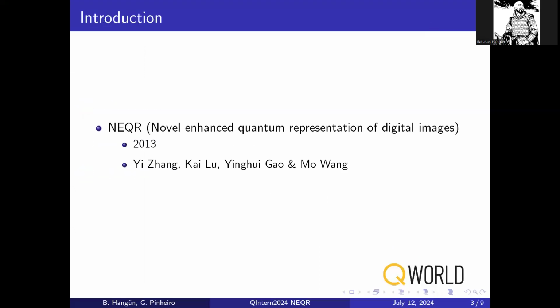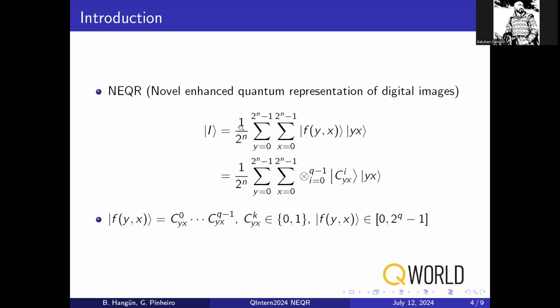So our choice of image representation was the Novel Enhanced Quantum Representation of digital images, released in 2013. In that approach, they encoded the pixel values and also the pixel locations using a summation and representing them as qubits.